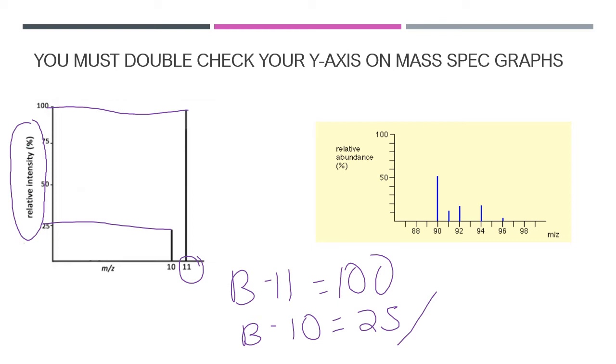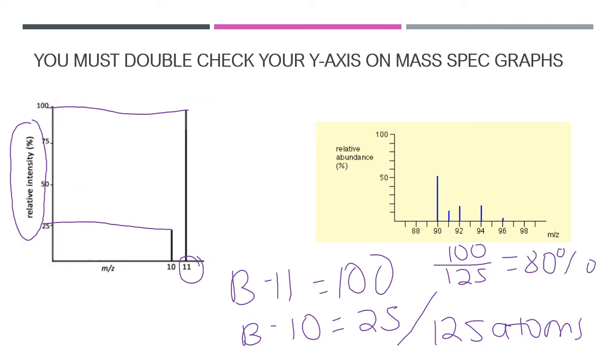Okay, so if I had 125 atoms, and I'm getting that number because 100 plus 25 is 125, that means that 100 out of the 125 should be boron 11, which is what percent? That's 80%.